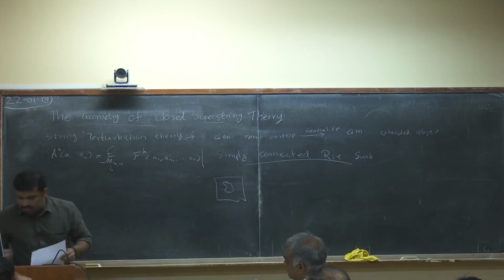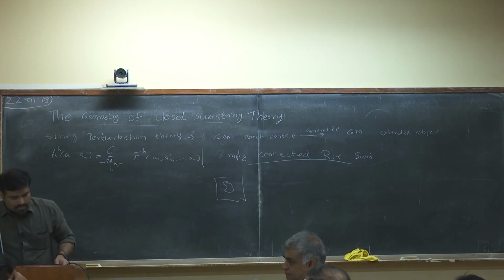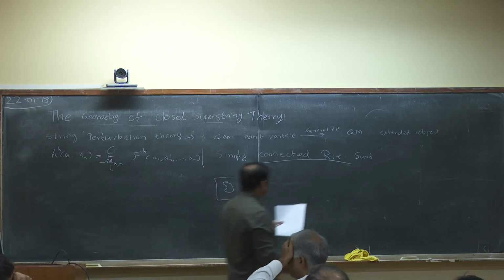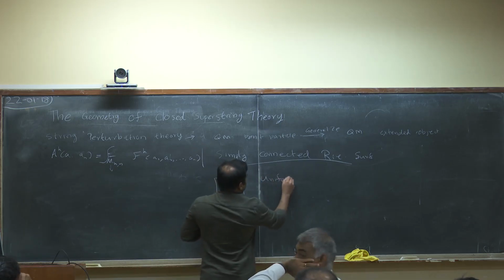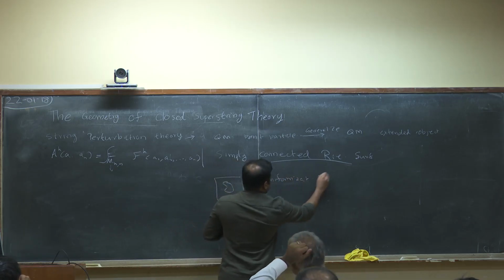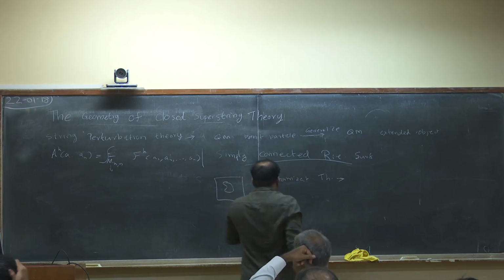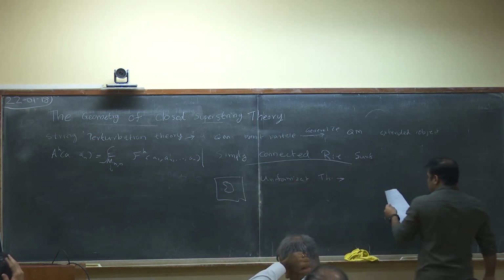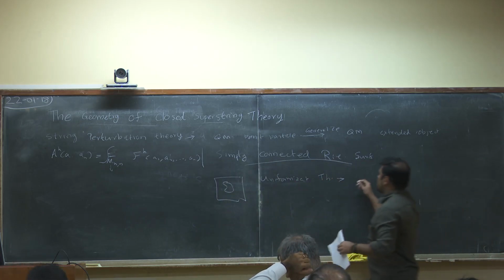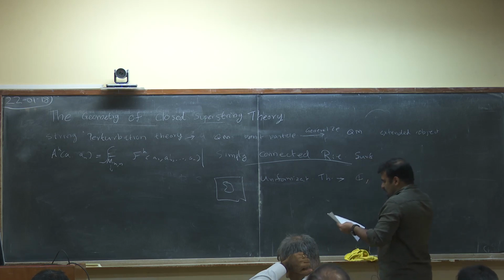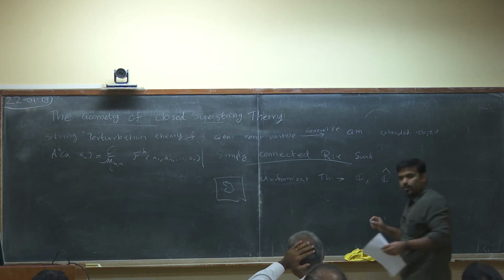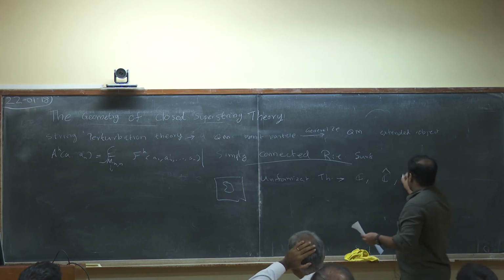Now the uniformization theorem states, and this is a theorem which I won't be able to prove, or even try to prove, that all simply connected Riemann surfaces are biholomorphically equivalent to three possible Riemann surfaces. These are the complex plane itself, the extended complex plane or Riemann sphere, and the upper half plane.